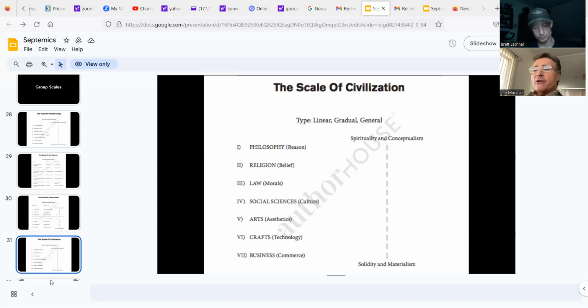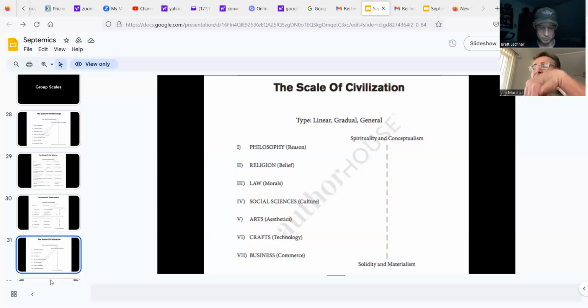The dotted line on the right, which is vertical. At the top, you have spirituality and conceptualism. That's what you get from philosophers. And at the bottom, you have solidity and materialism. See, those are the opposites.